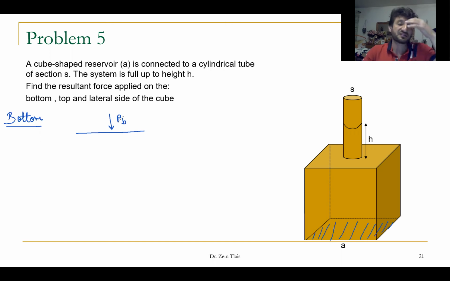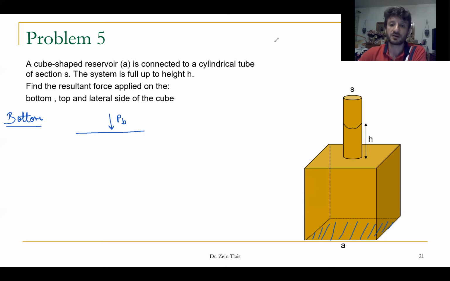PB is the pressure applied on the internal side of the bottom, because we have the bottom here. From the internal side we have PB.